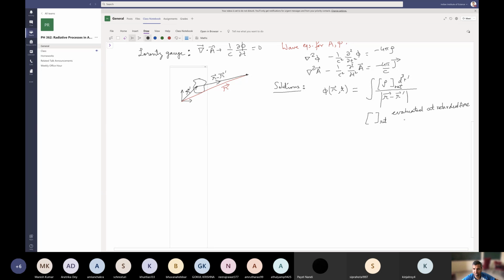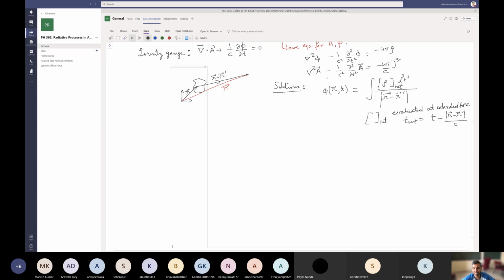So retarded time is t retarded, which is equal to the time now when you want to measure the field minus this distance r minus r prime divided by c.